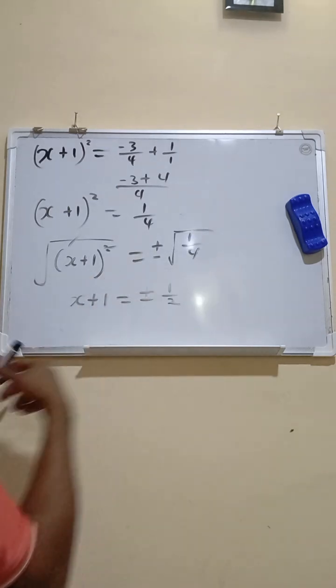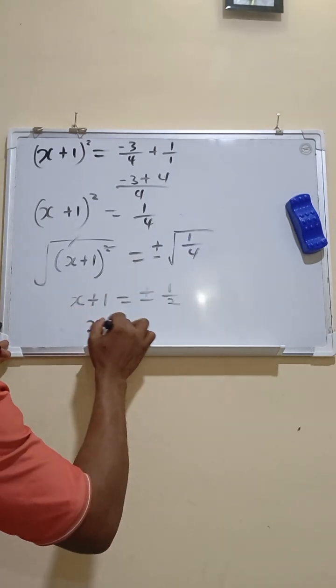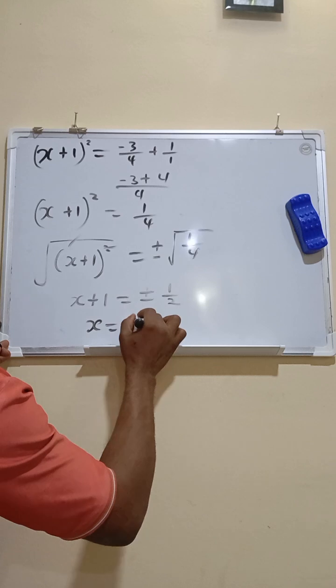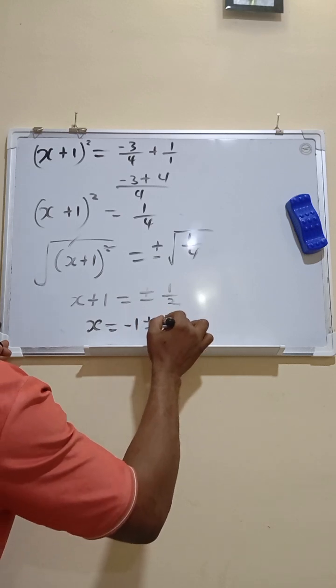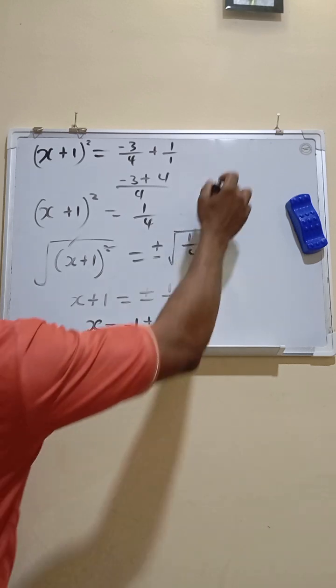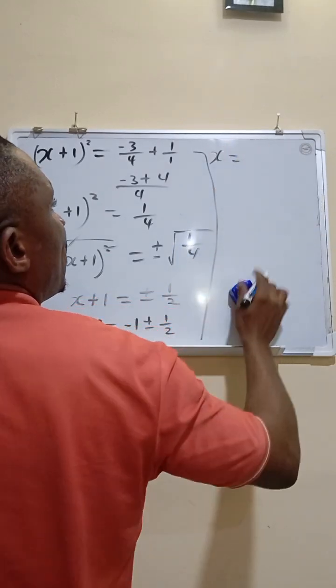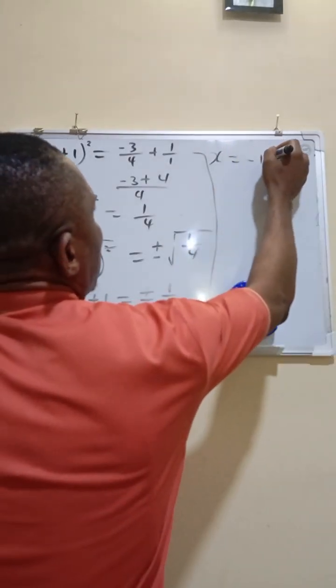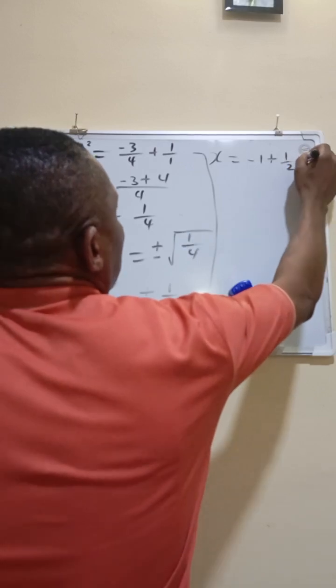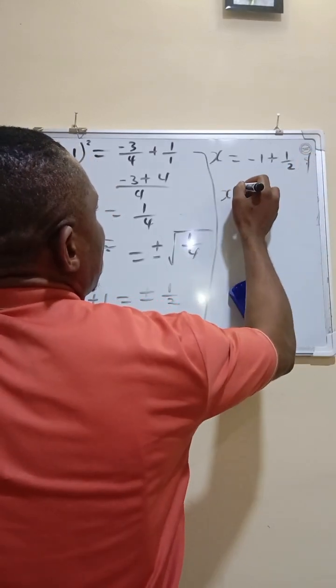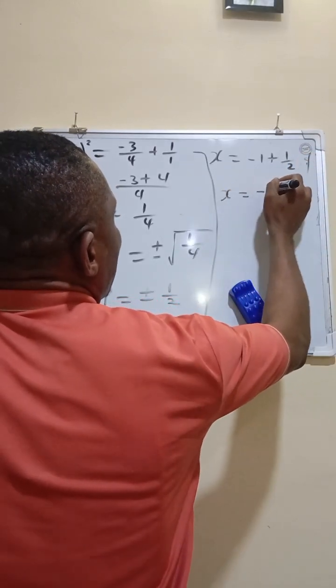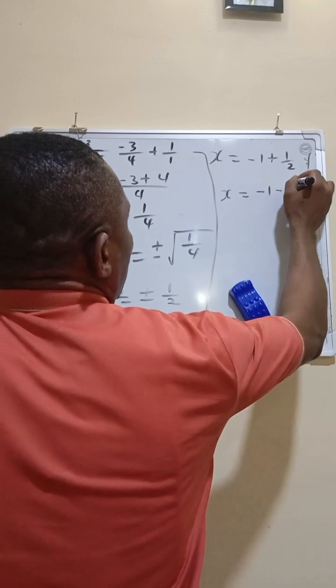Then move the 1 to this side: x equals minus 1 plus or minus 1 over 2. Separate it to have x equals minus 1 plus 1 over 2, and x equals minus 1 minus 1 over 2.